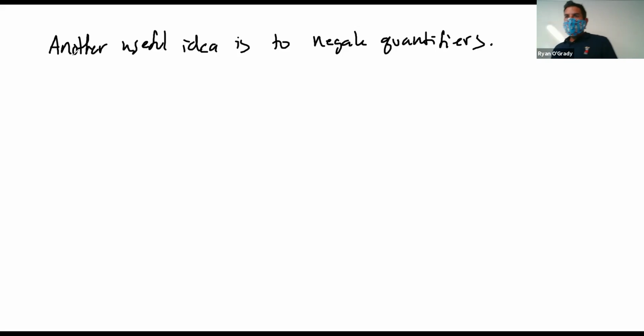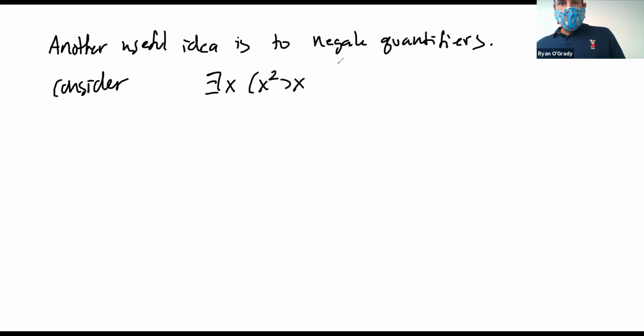So again, let me repeat. There exists an x such that a statement holds. So let's take that example. Consider there exists x such that x squared is greater than x.